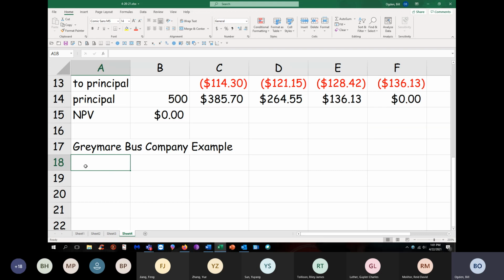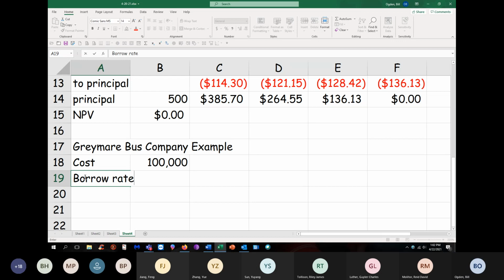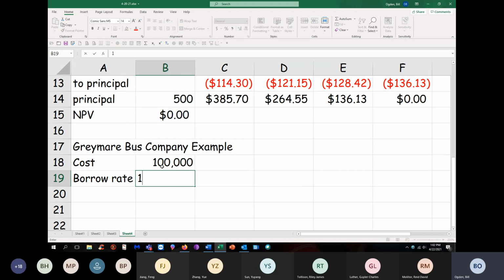But anyway, it's a bus which has a cost of $100,000, right? The borrowing rate for both the lessor and the lessee is 10%.